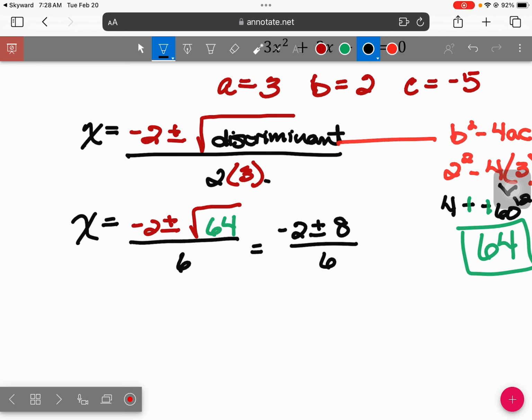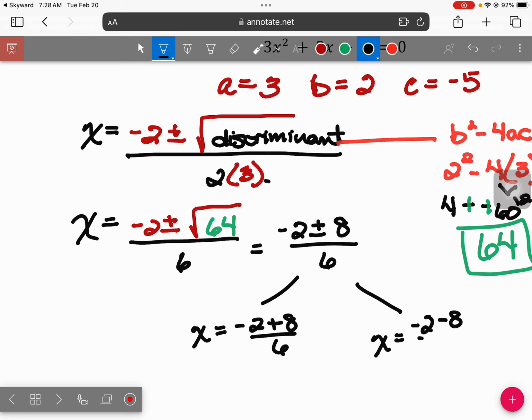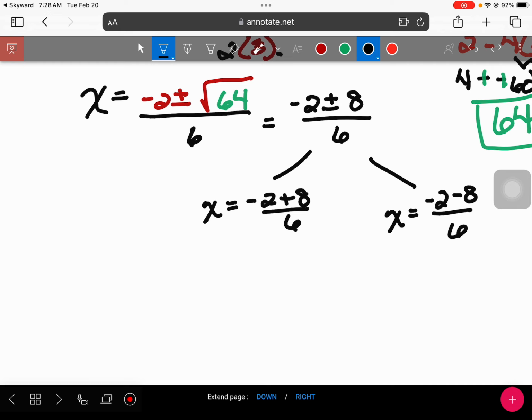So this is where it goes into the 2 roots, okay? So X is equal to negative 2 plus 8 divided by 6. And X is equal to negative 2 minus 8 divided by 6. All right, so x is equal to negative 2 plus 8 is 6. 6 divided by 6 is x is equal to 1.